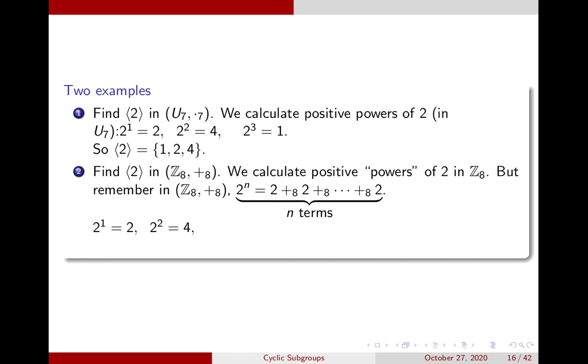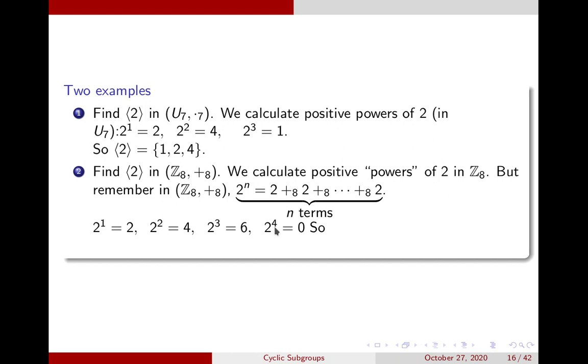2 squared is 4. That's 2 plus 2, using plus sub 8. 2 to the third will be 2 plus sub 8 2 plus sub 8 2. That's a 6. 2 to the fourth, combining 4 factors of 2 using plus sub 8, gives us a 0 in Z sub 8.